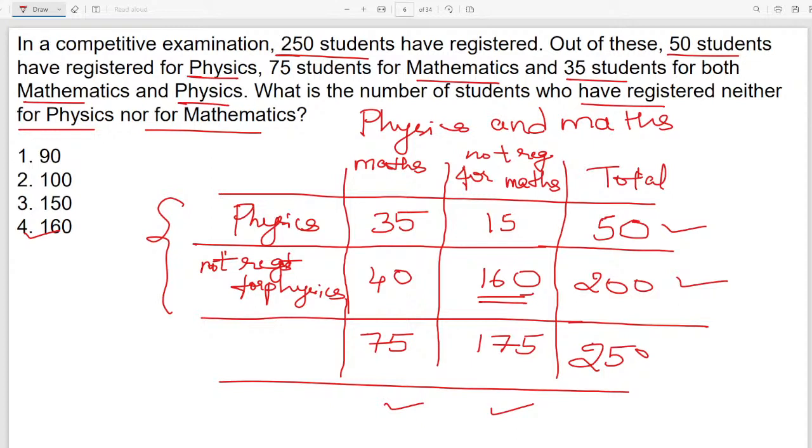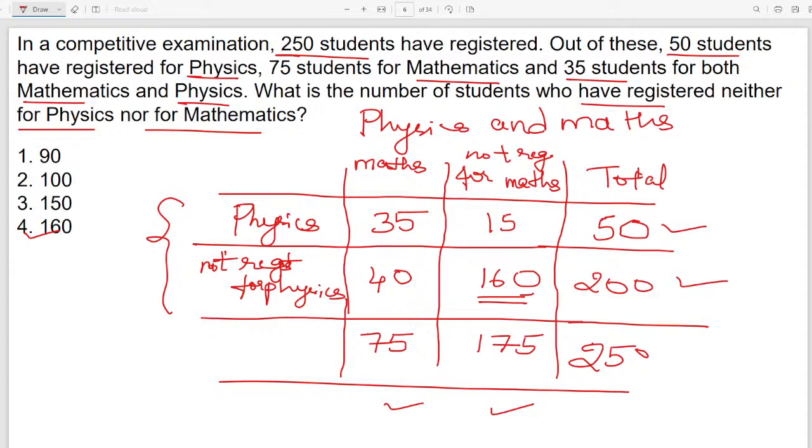Mutually exclusive means, for example, in a class there are boys and girls, and these 2 categories are mutually exclusive. If he's a boy, he will not be a girl, and if she's a girl, she will not be a boy. Similarly, if a person has registered for physics, he would not be in the not-registered category for physics. The same for maths. So these 2 columns are mutually exclusive, and these 2 rows are mutually exclusive.